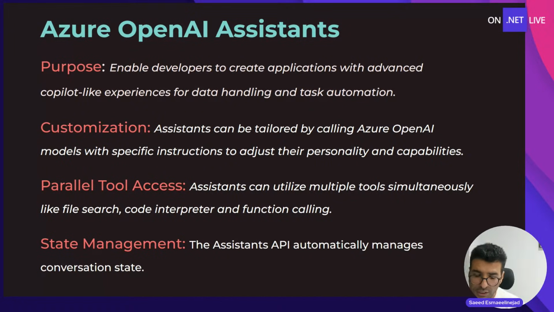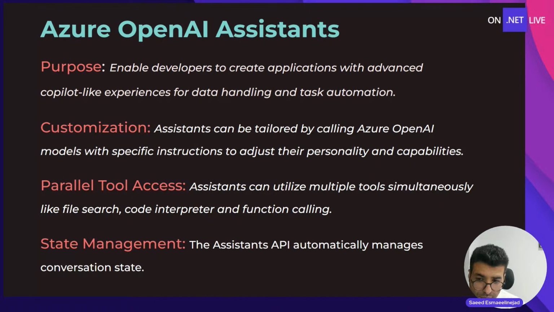The instruction, basically, is where you define their behavior: what they need to do, what they don't need to do. So you define all of the behavior for them, and then they can also have access to run parallel tools such as file search, code interpreter, or simply you can provide some custom functions that, while sending a prompt to the assistant, they can call your functions as well.